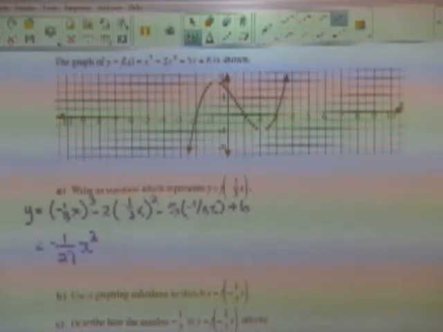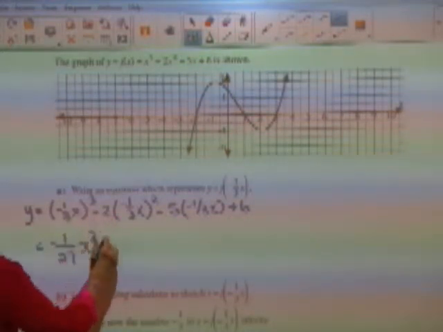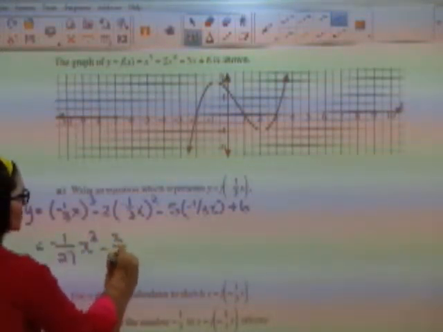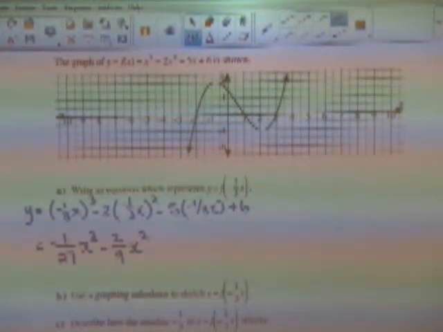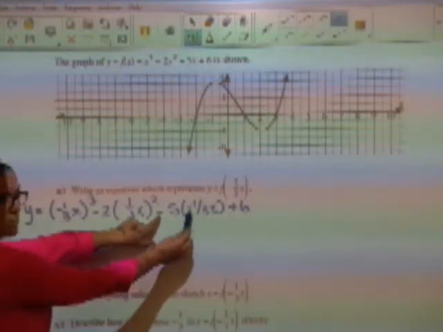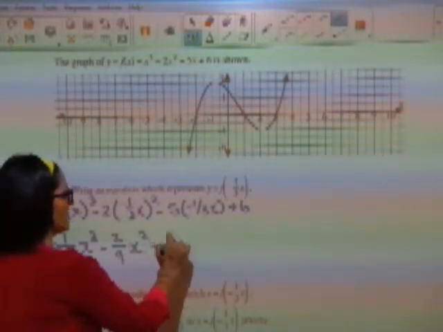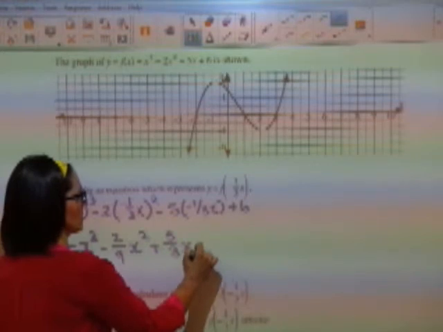If I take negative 1/3 and I square it, I get positive 1/9, which when I multiply by 2 gives me negative 2/9 x squared. If I take negative 5 and multiply it by negative 1/3, positive 5/3, plus 6.